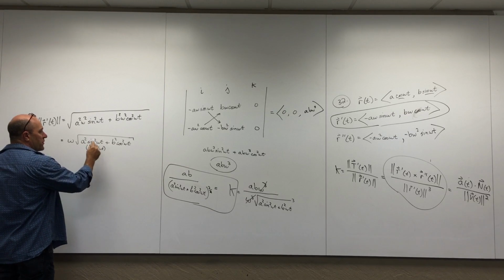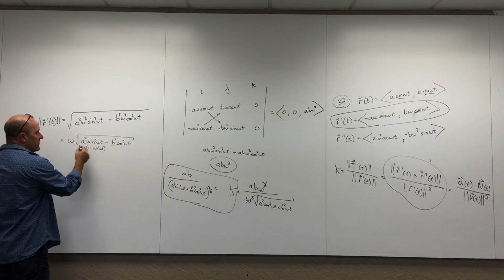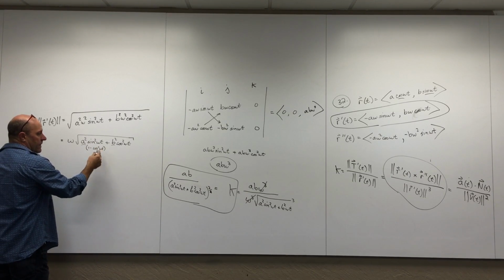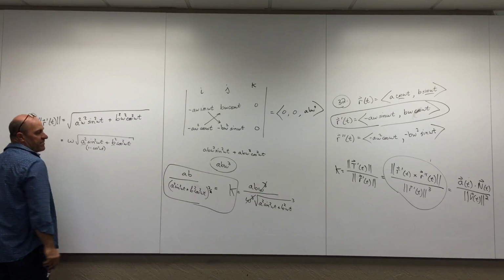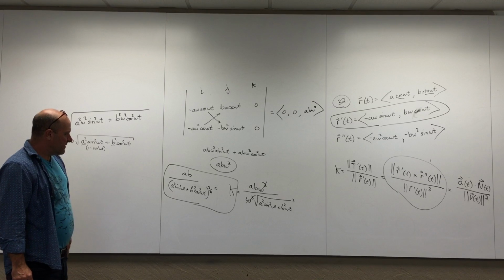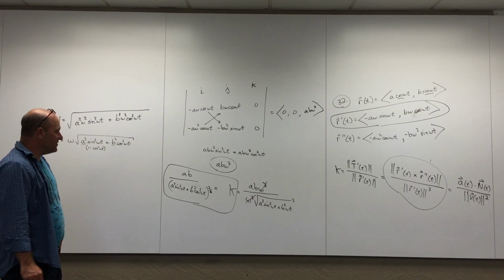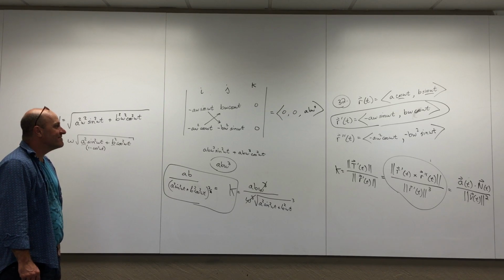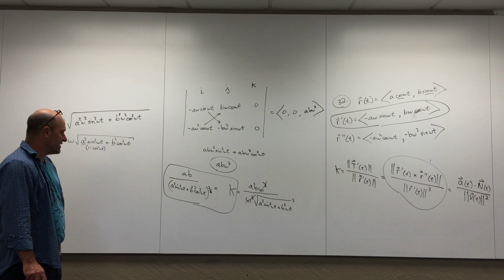And then you could try to group your cos squares together, but they do have different coefficients, so it doesn't go very far. So, cool. That's the curvature of an ellipse at any moment. That's pretty neat. Now that you got that, you can use it.